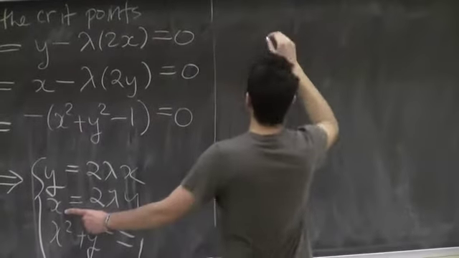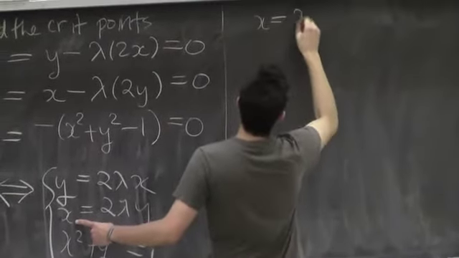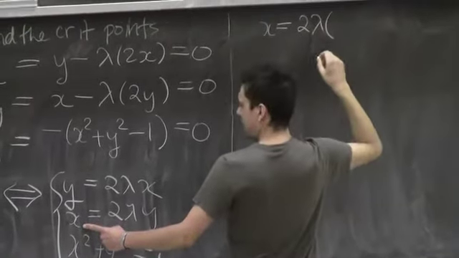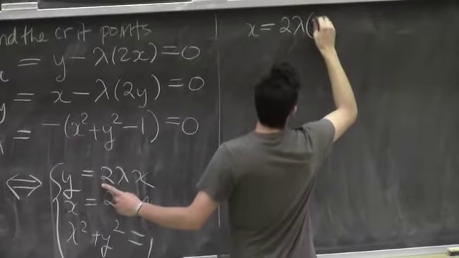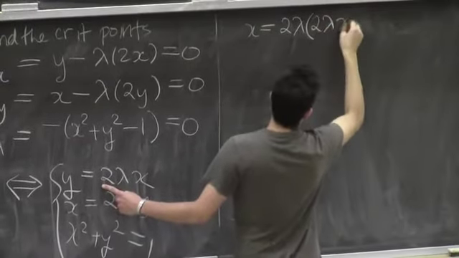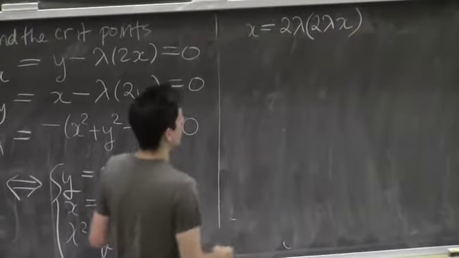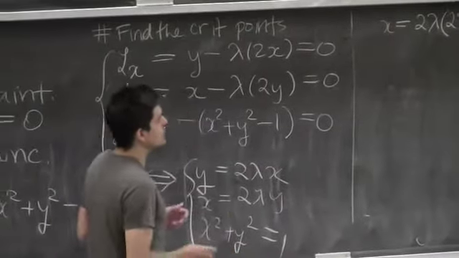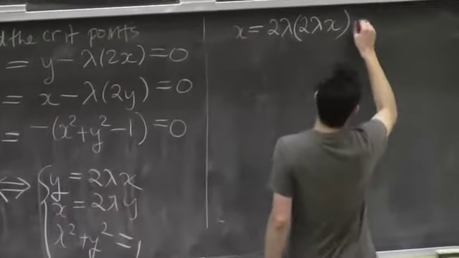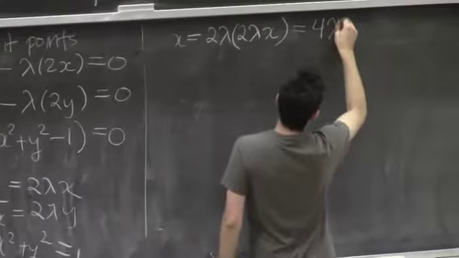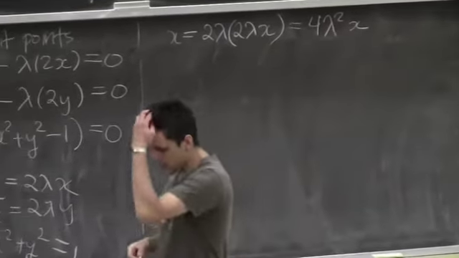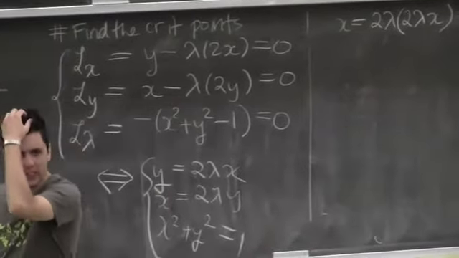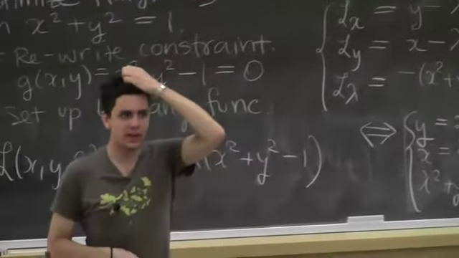One particular approach would be to say x is 2 lambda times y, but y is 2 lambda times x. Now we've got an equation that just involves x. We need to be a little bit careful about dividing out that x.